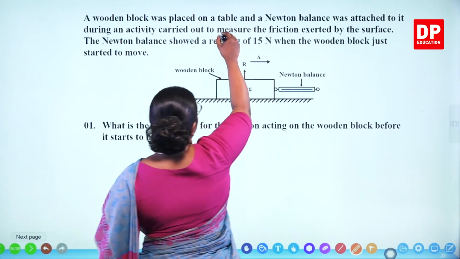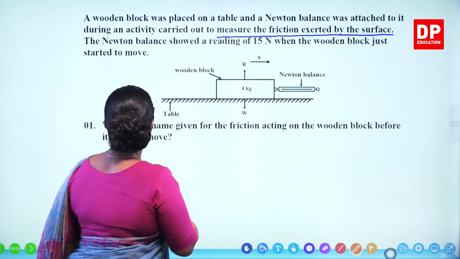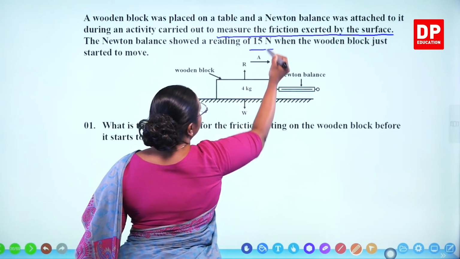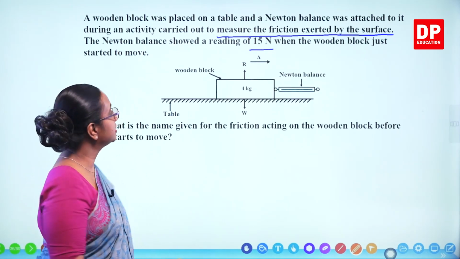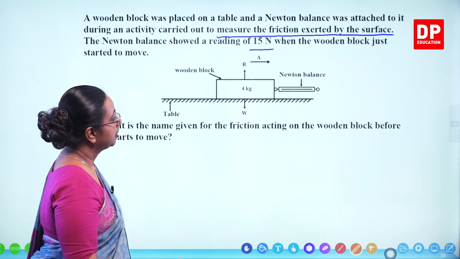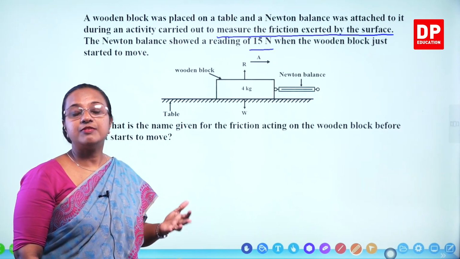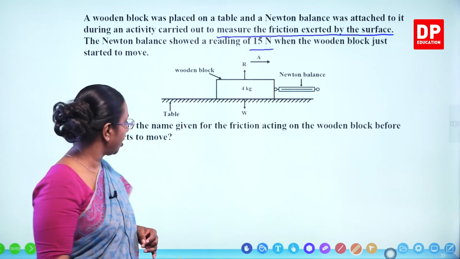So, here we want to measure the friction exerted by the surface. The Newton balance showed a reading of 15 Newton when the wooden block just started to move. So, that means it is the limiting frictional force acting on the wooden block.